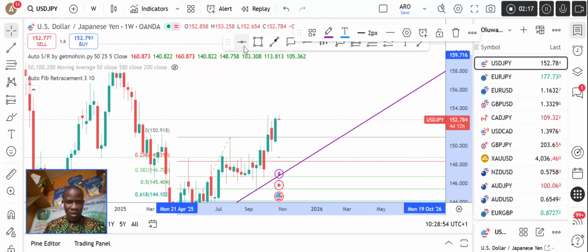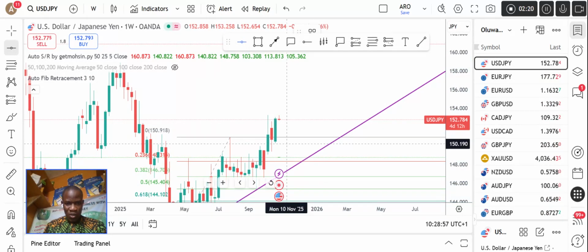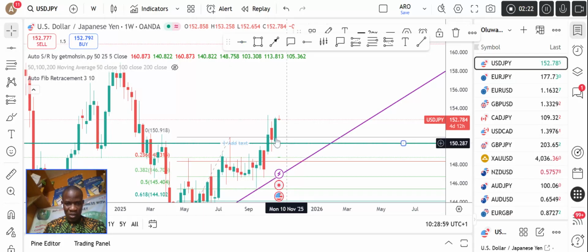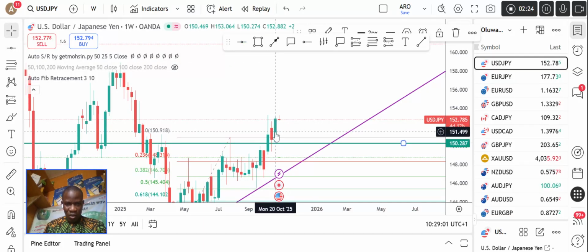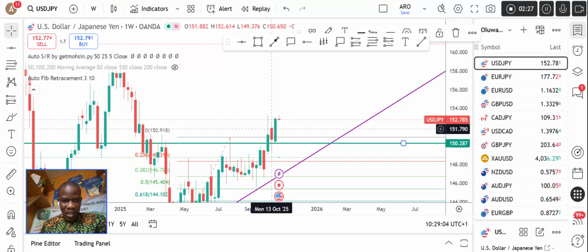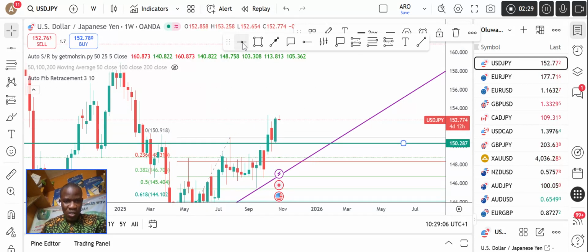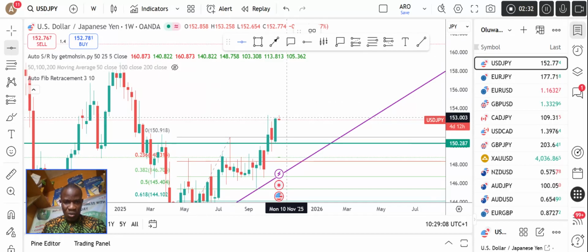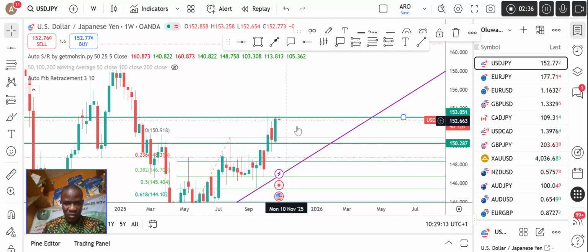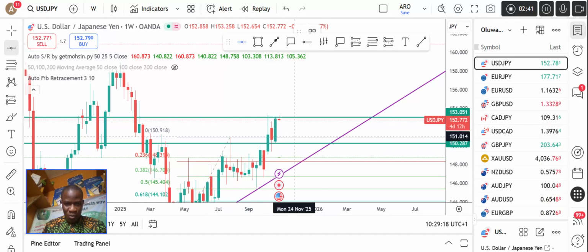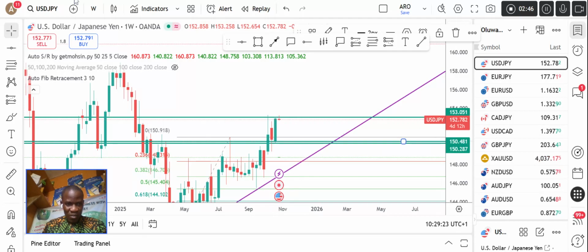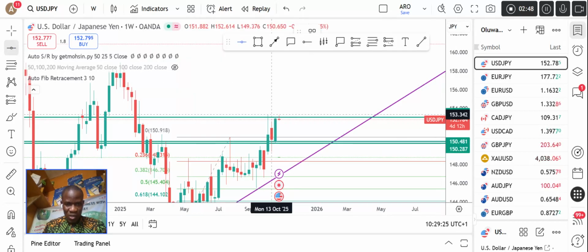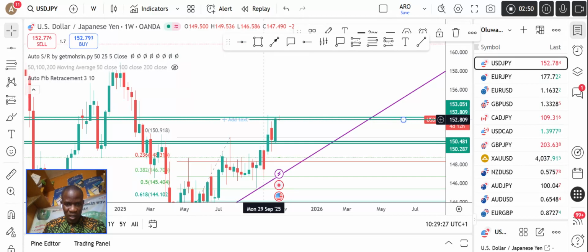Let's see where the market opened and closed last week. So here is last week's candlestick. This bullish engulfing candlestick is last week's candlestick. Here is the high of the market for last week, and here is where the market opened from. The market opened from here, and the market closed at this particular area.